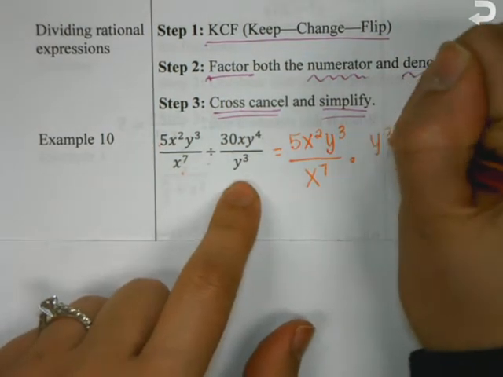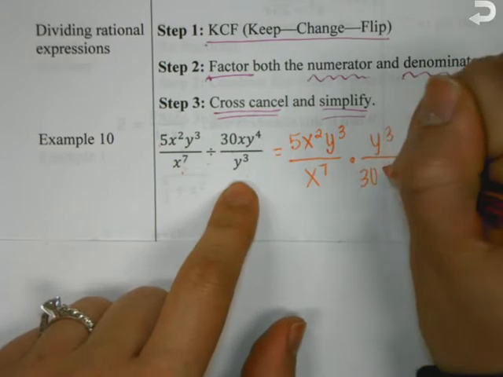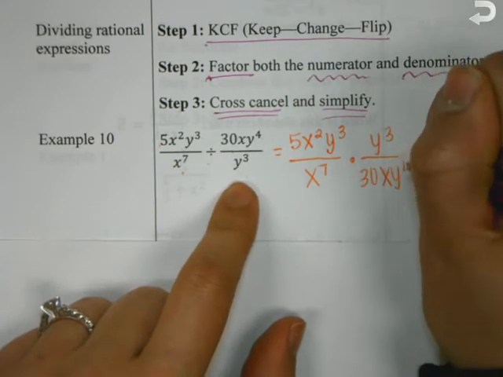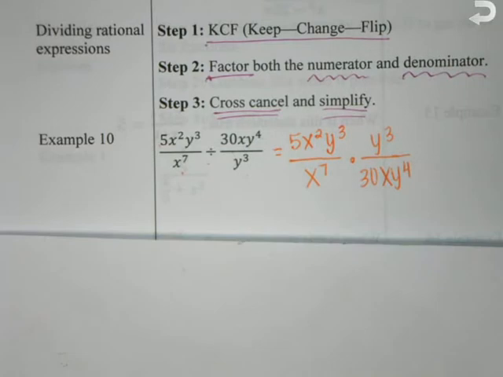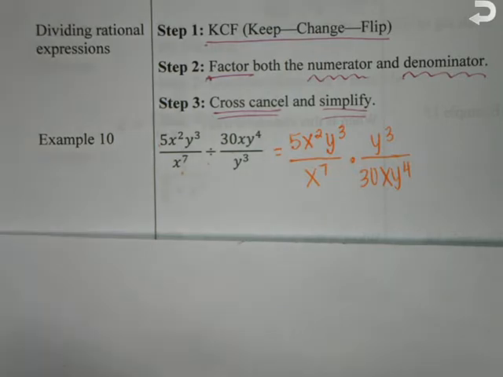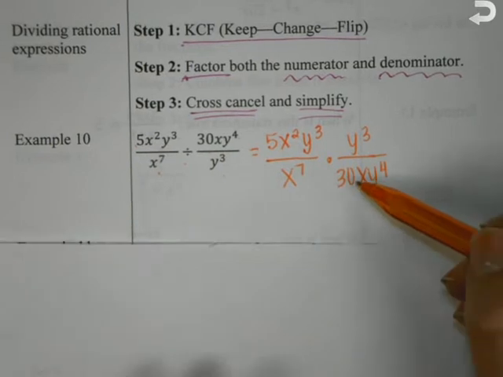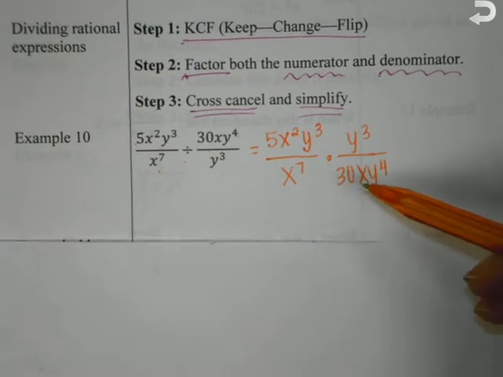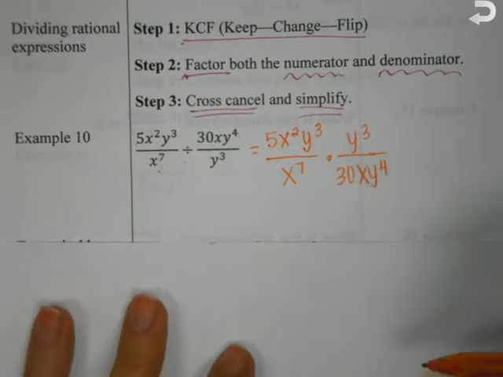Alright guys, so looking at our multiplication problem, what reduces here? 5 and 30. 5 goes into 30 6 times. What about x's? I have an x squared and an x. Do those reduce? Yes. That reduces, and x squared becomes just an x. And then y to the third and y to the fourth.